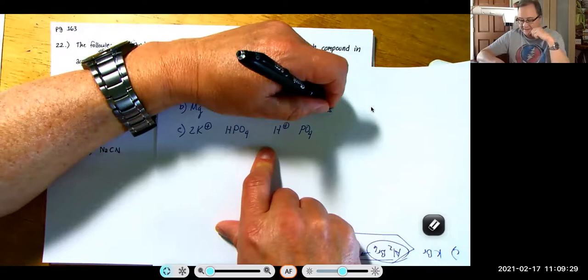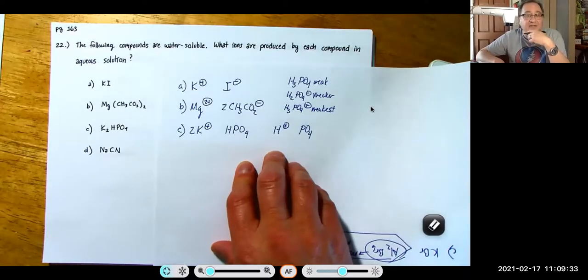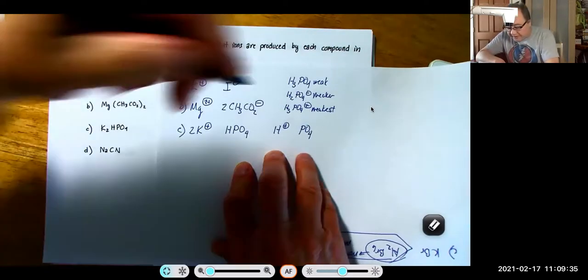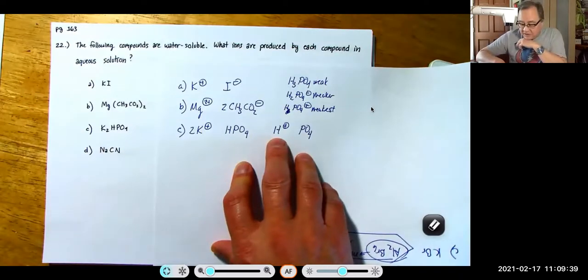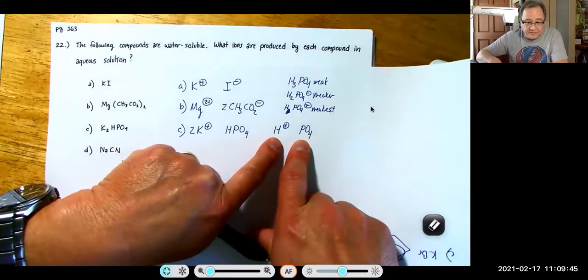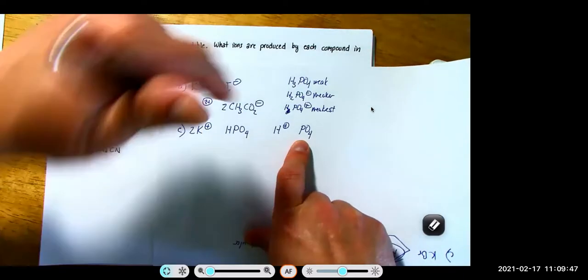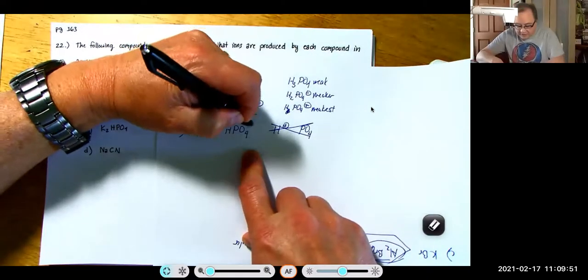So what does weak mean? Weak means it doesn't like to give up its hydrogen. And here, when I write it this way, it's given up the hydrogen. It should then be HPO4, and it should be a -2 because you have plus 2 over here.